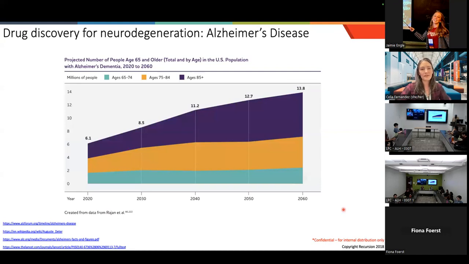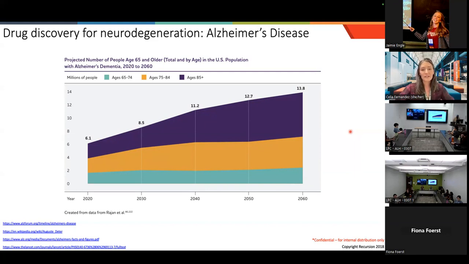So now we'll jump into Alzheimer's disease and how this kind of process has been applied to it. As you're all probably aware, Alzheimer's is a devastating neurodegenerative disease. It's the largest neurodegenerative disease. I think it's AD, then Parkinson's disease, and then ALS that are the big ones.